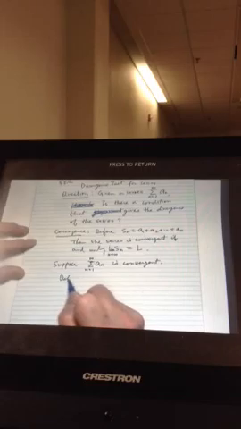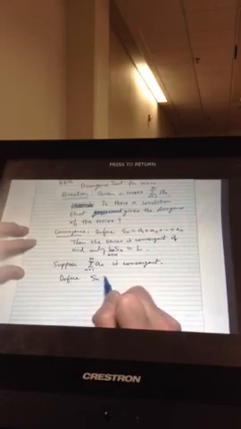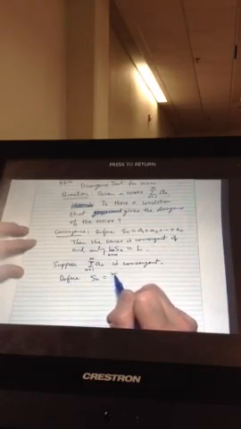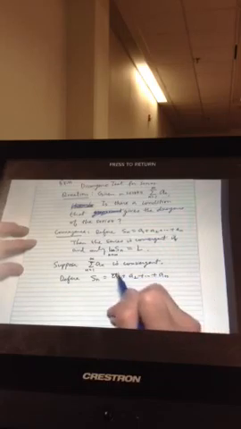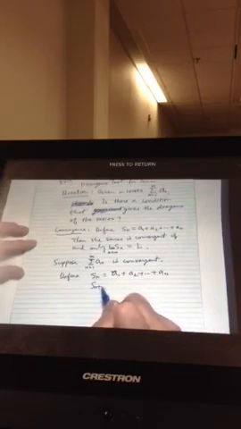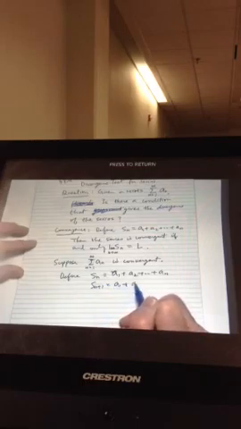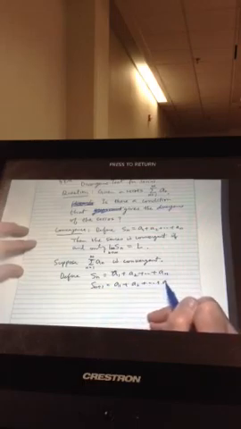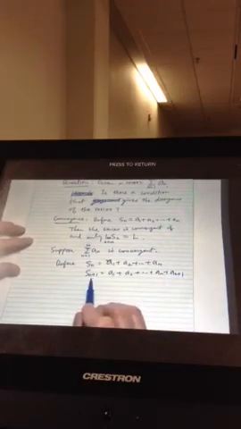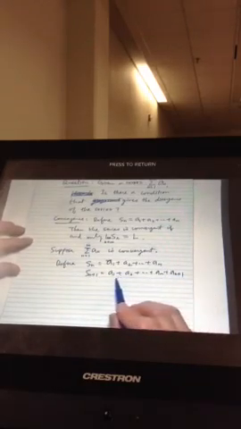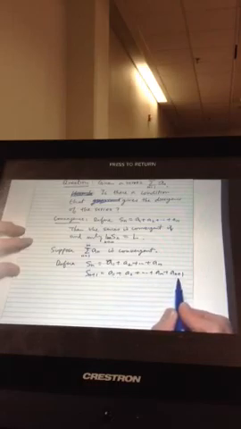If I define S sub n, which is a1 plus a2 plus all the way to a sub n, and I also define S sub n plus 1, which is a1 plus all the way to a sub n plus 1, meaning I add up to the n plus 1 term.